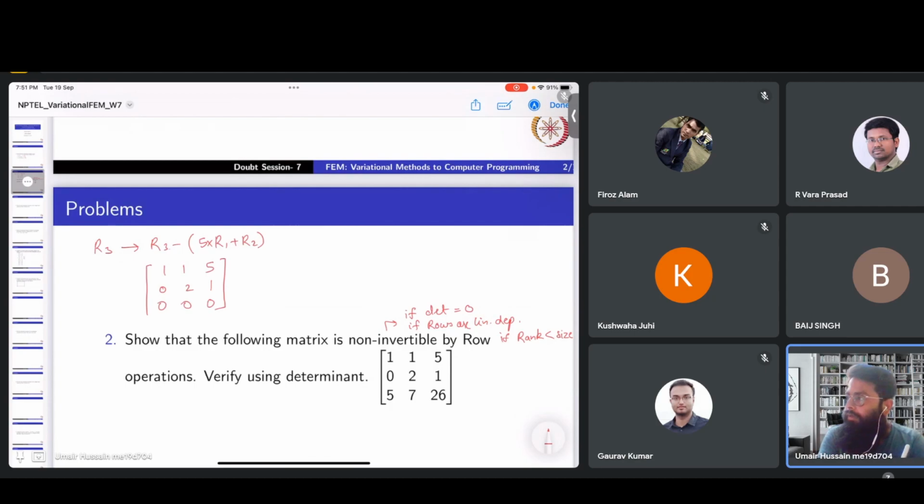So you see that the whole row is eliminated, so all elements of the row become 0, so that means its determinant would be 0. So this implies that its rank is 2, which is less than the size of matrix. This means it is non-invertible.